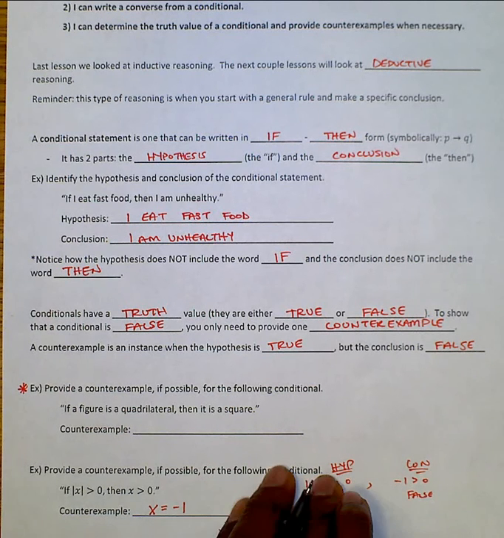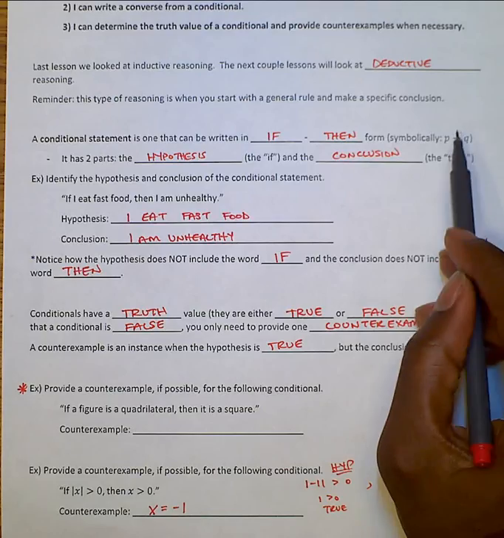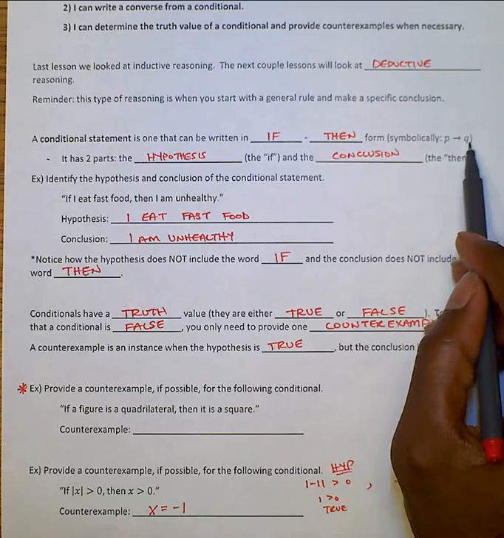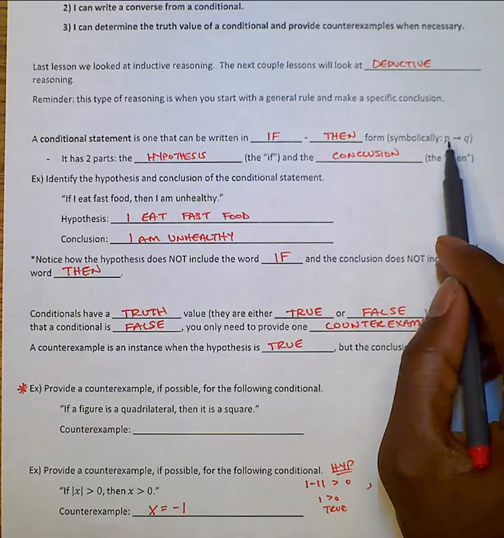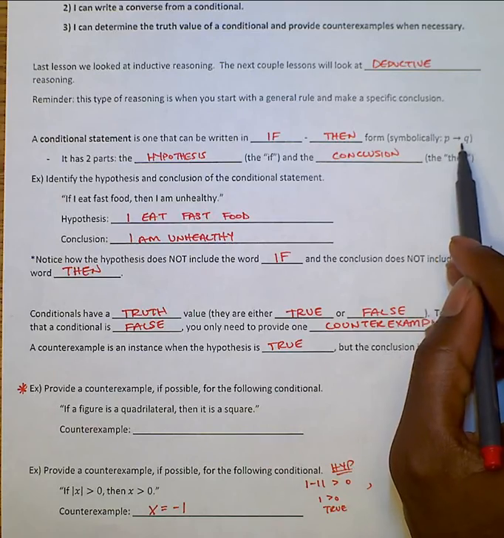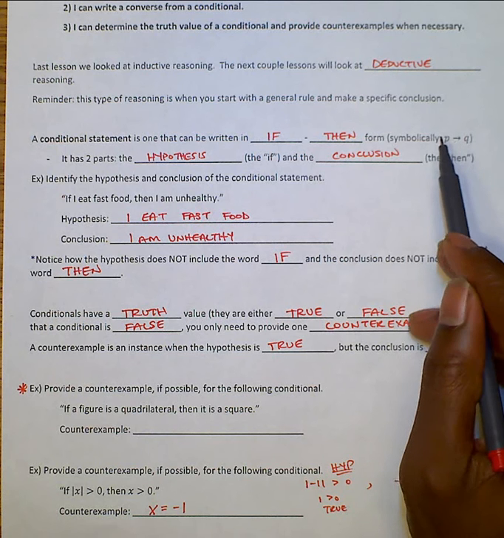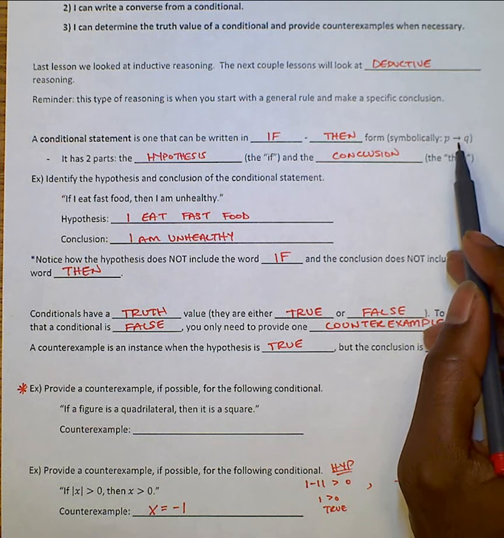Really quick, I don't know if I've spent enough time showing you this, but symbolically, if you take a logic course, which a lot of people will have to take in college, you might run across this anyway. P is the symbol for hypothesis, and Q is the symbol for conclusion. A lot of times when people say check your P's and Q's, people think it means you wrote everything in the right direction, but it's check your logic.